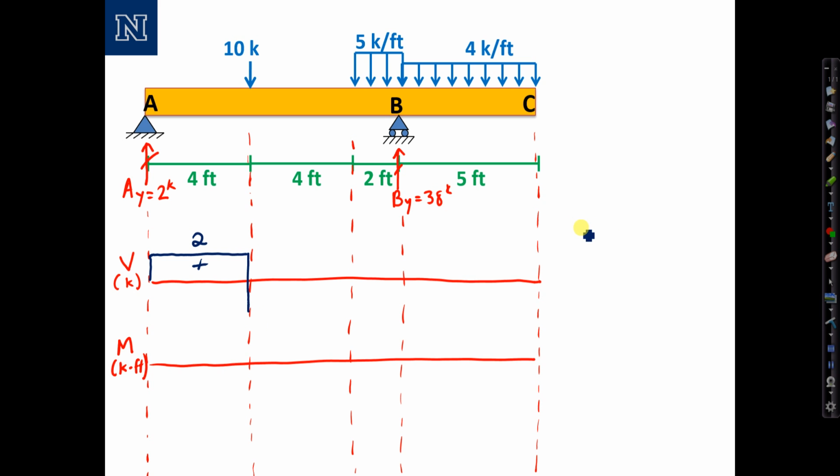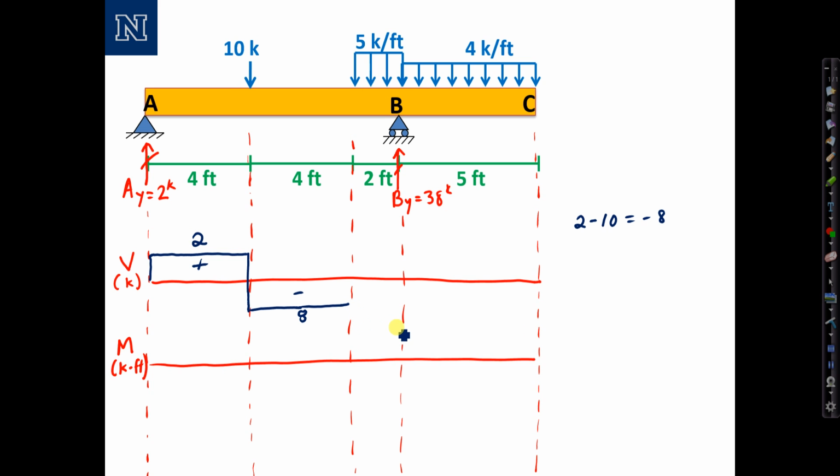I'll go ahead and keep track of my calculations on the side. I have 2 minus 10 gives me a value of -8, so it jumps to -8. Then it's going to be constant again over the next region. And then when it reaches the distributed load, that's going to cause the shear to decrease linearly.